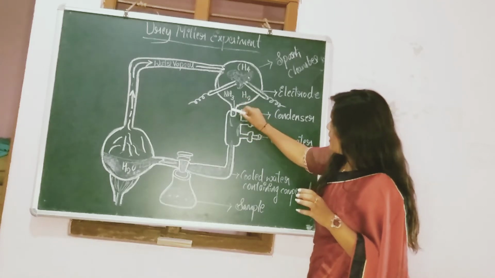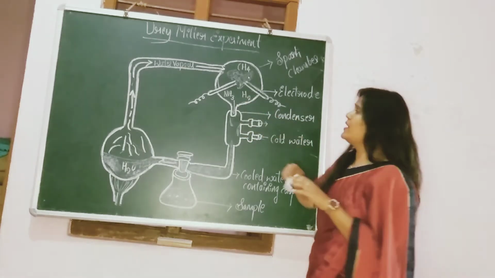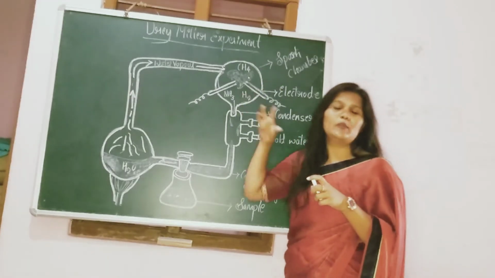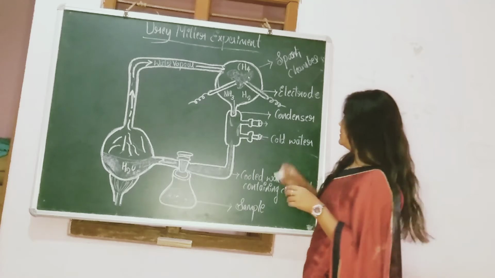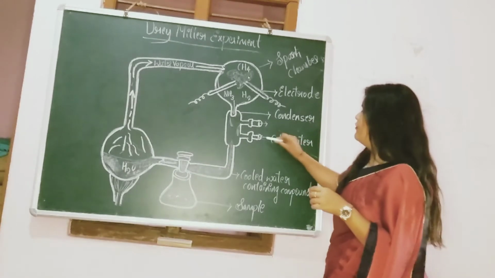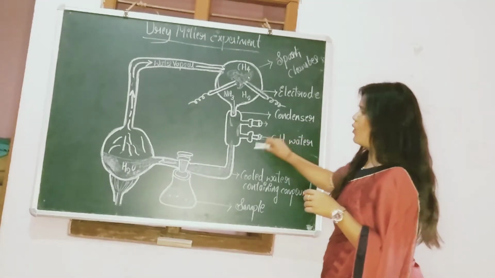Can you see this arrow mark? This is a condenser, where this gas mixture is cooled. To cool it, they took a condenser and filled it with cold water.